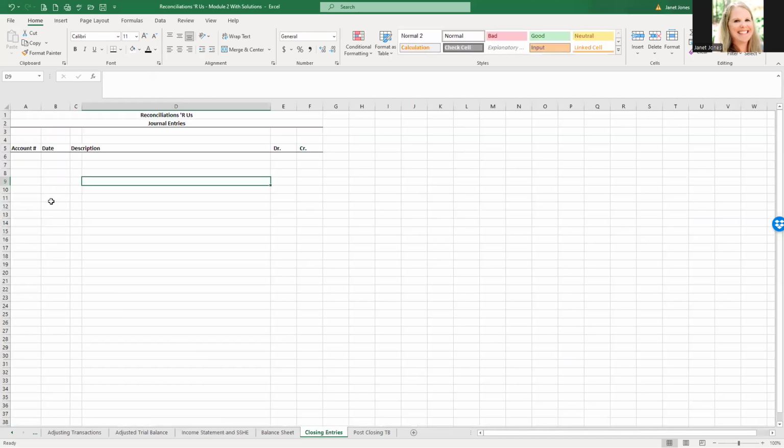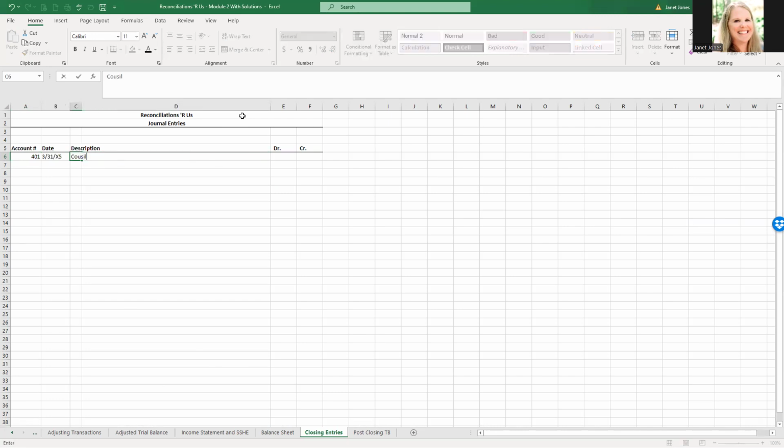So I'm going to go over here and we're going to start by closing out that revenue to our income summary. So we know revenue is a normal credit balance account. So to close that, we're going to need a debit. So we are going to close 401 on 331x5, and that is going to be revenue, counseling revenue.